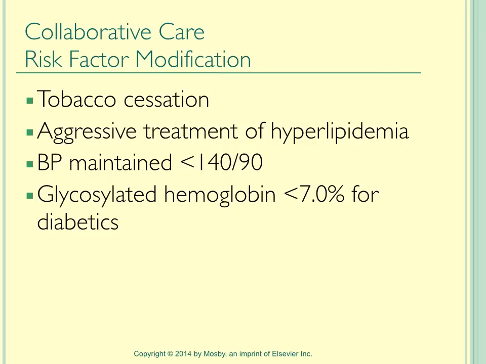So peripheral arterial disease and cardiovascular disease are deeply related. Their treatment goal is to aggressively modify the CVD risk factors in all patients with PAD. And the most notorious risk factor is tobacco, so tobacco cessation is very important.